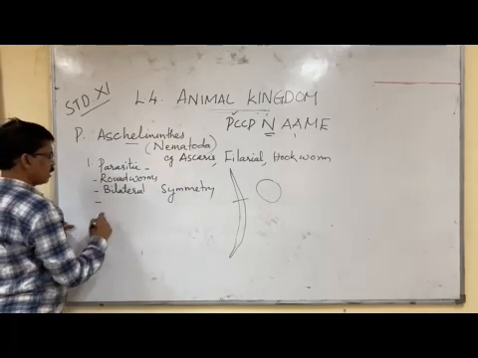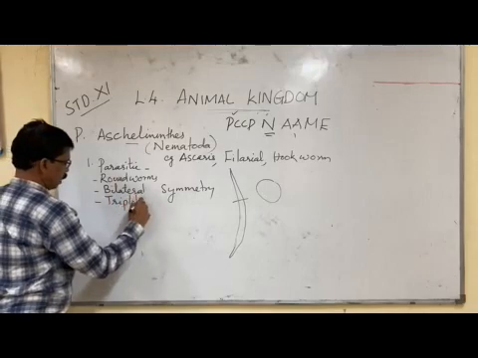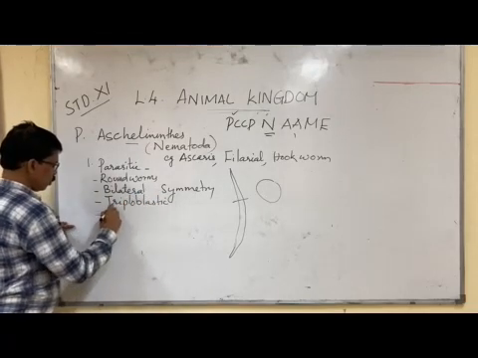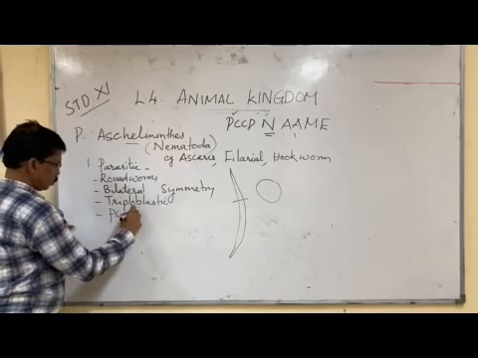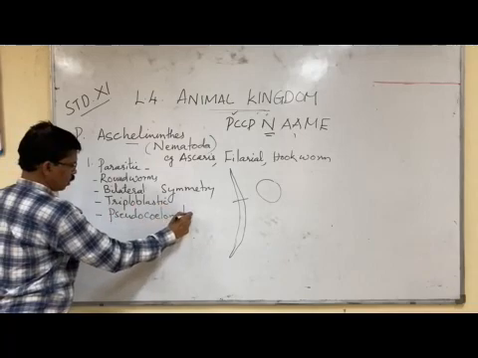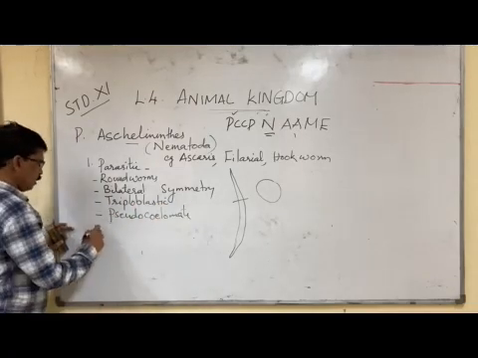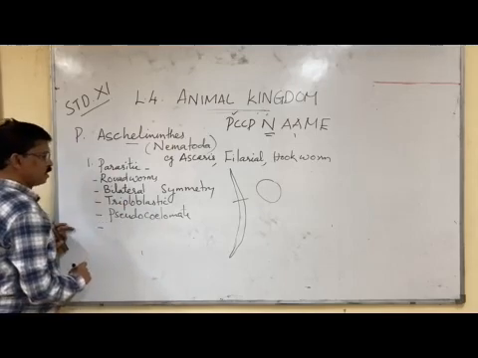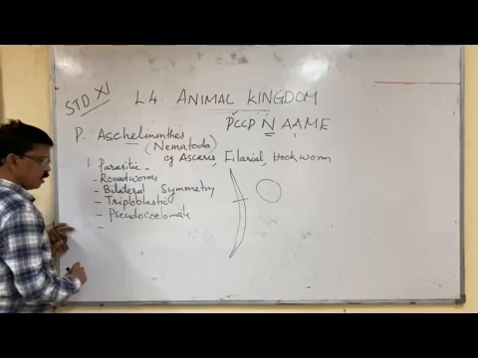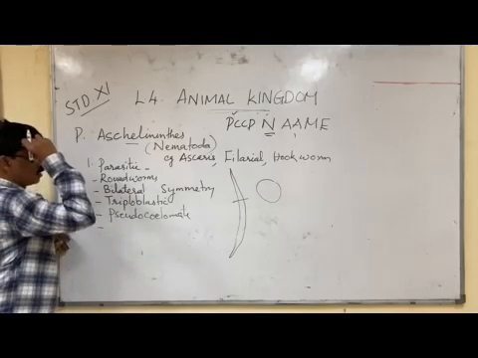Then we can say triploblastic, pseudocoelomate. Features are similar in most of the cases. Then they are bisexual. Monoecious means bisexual. Some of the groups are bisexual.